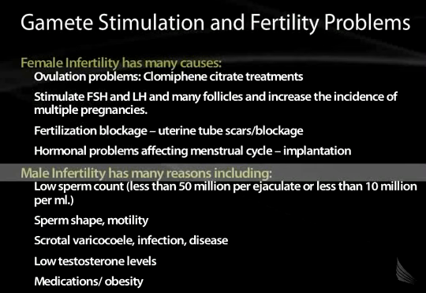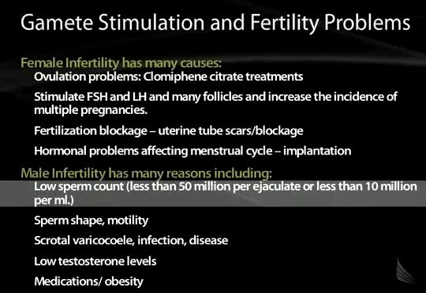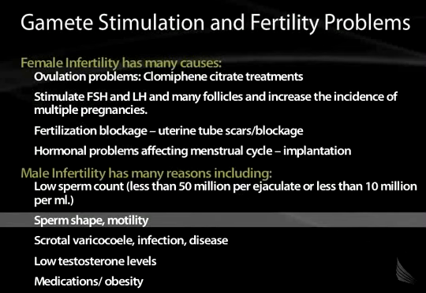As far as male infertility, it also has many reasons. One of the major ones, as we discussed in the question, is low sperm count. If the sperm shape has a difficulty or is malformed, or there's no motility to it, this will also create the incidence of infertility in males.